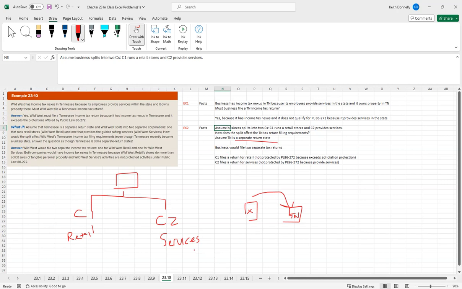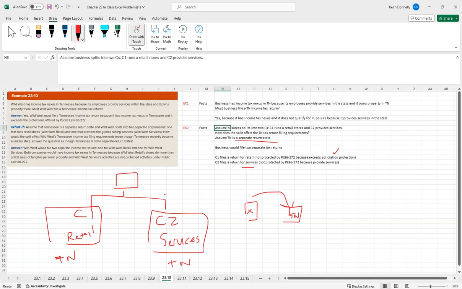Well, the idea with this is C1 is going to file a Tennessee return. Essentially here they file a return for their retail. And let's say that they're not protected by 86-272 because they have solicitation that's not protected. So there we go. C2 is also going to file a Tennessee return because they're providing services.